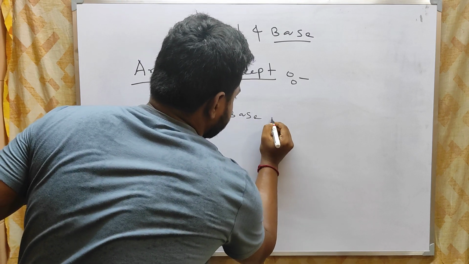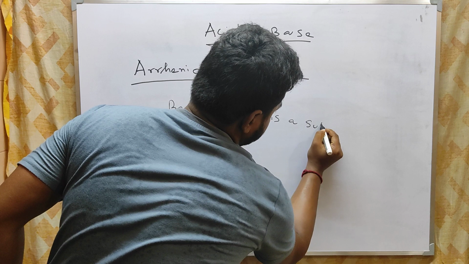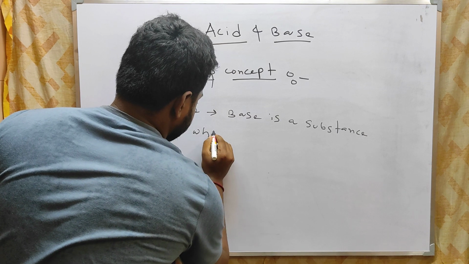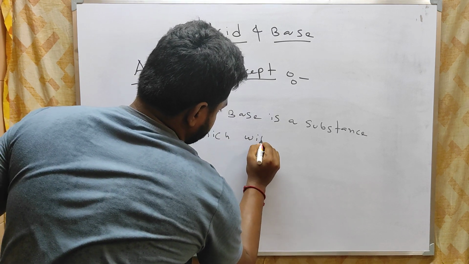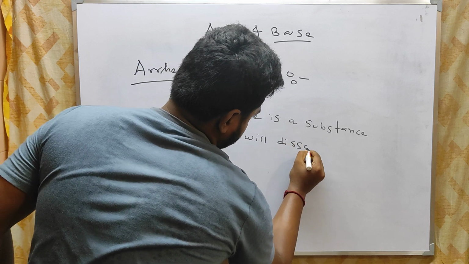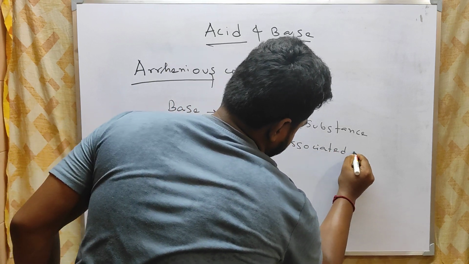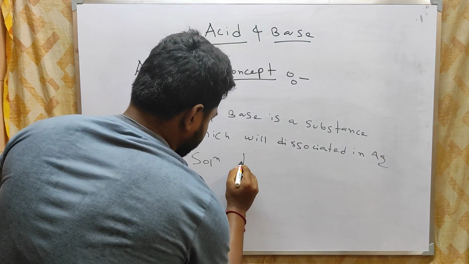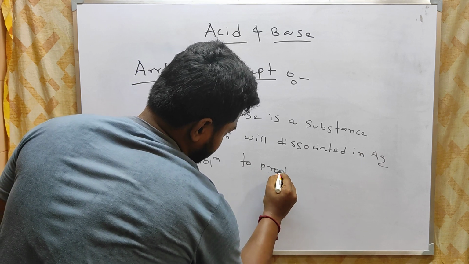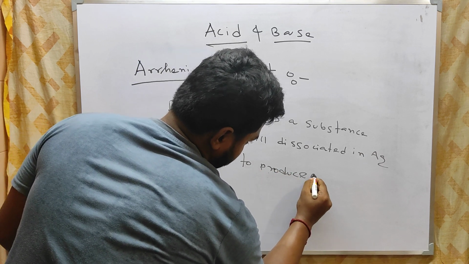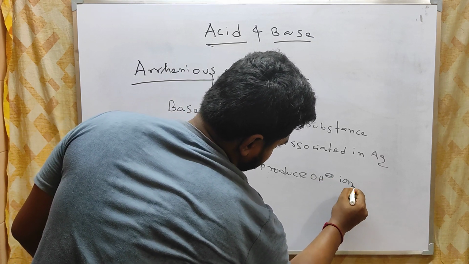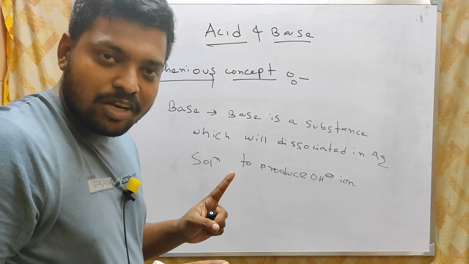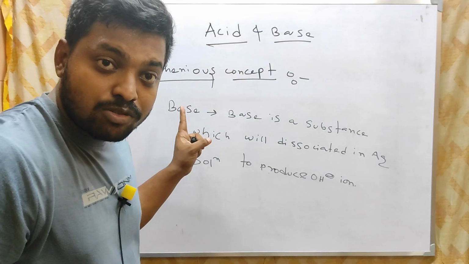Base is a substance which will dissociate in aqueous solution to produce OH minus ion. Okay, so this is the definition of base according to the Arrhenius concept. So do you understand what Arrhenius said about the bases?